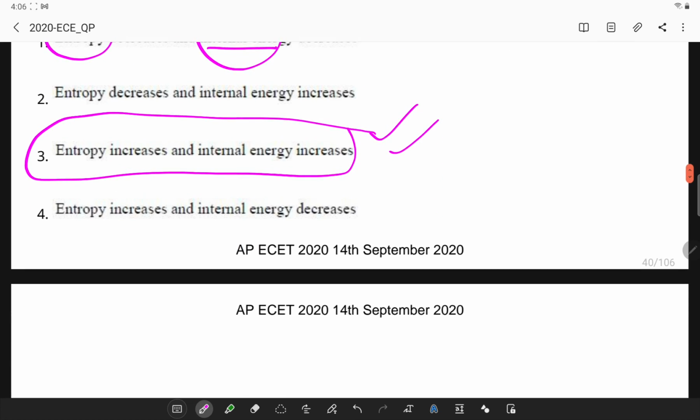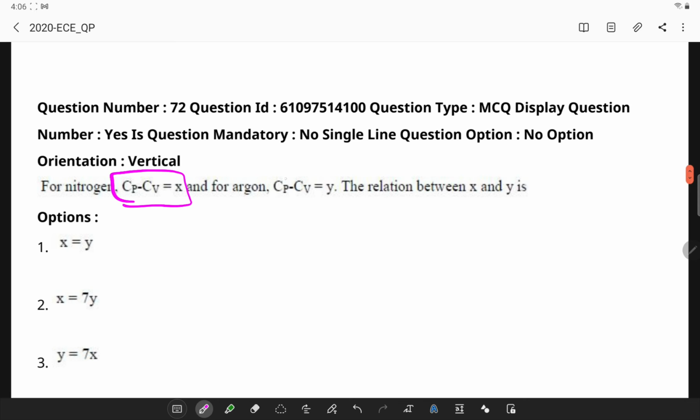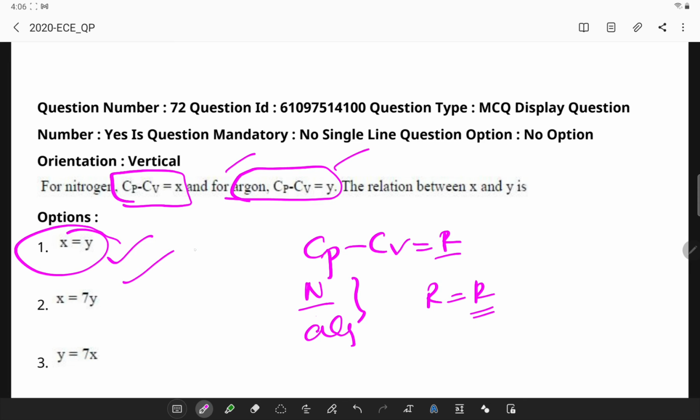Next, for nitrogen Cp minus Cv is X and for argon Cp minus Cv is Y. So what is the relation? For any gas, Cp minus Cv is R. Either it is nitrogen or argon, both will have the same equation. So simply X will be equal to Y.